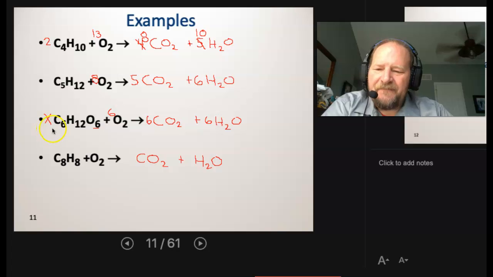If I put anything in front of the glucose, then it's going to mess up everything on the product side. So be careful of that too. You want to subtract those oxygens out. Now, if I subtract those oxygens out and it becomes an odd number, the doubling trick will still work. So you'll be able to put that number here, whatever that odd number is, double this one, and double this one, and that will work.